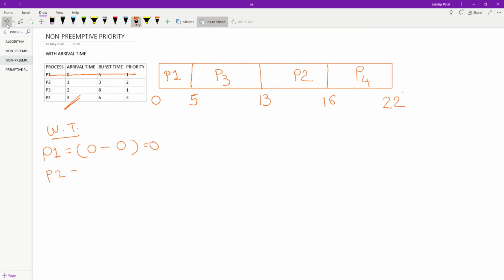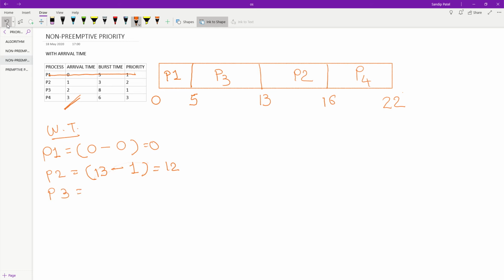For P2, the first response means when it first enters the CPU, at 13 milliseconds, right? And it arrives at 1 millisecond, so the total waiting time is 12 milliseconds.